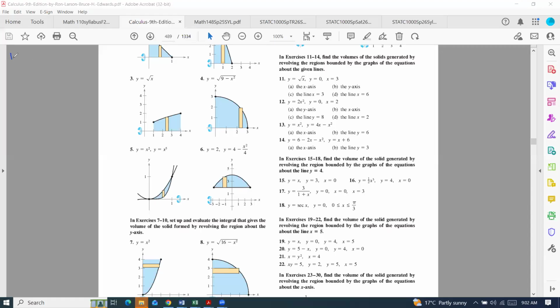So exercise number 21, I think, would be good to do. And we're still in section 7.2. And for this particular textbook, it's page 489.